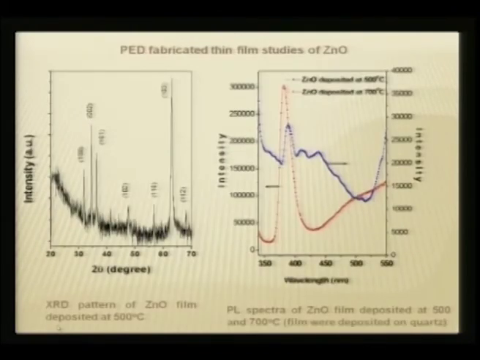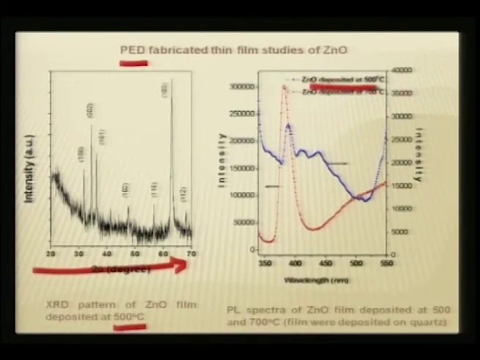And what would happen? This is the X-ray pattern that you get out of the zinc oxide film deposited at 500 degrees C. Now you can clearly see that the zinc oxide prepared at 500 degrees C using a PED chamber shows a very sharp, intense 380 nanometer peak, although the surface defect induced emission seems to be still propping up.